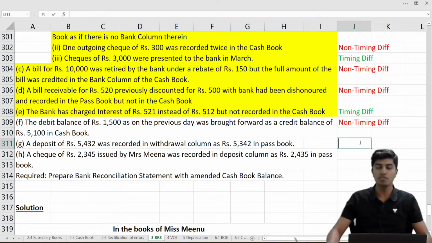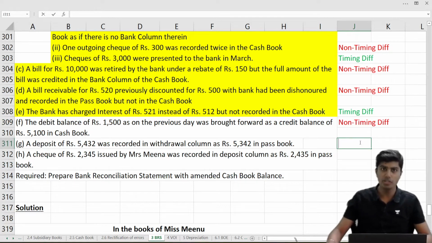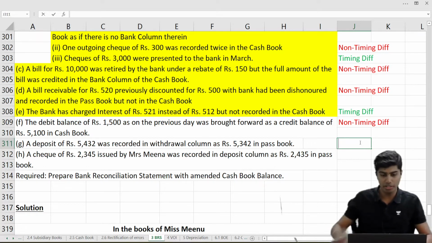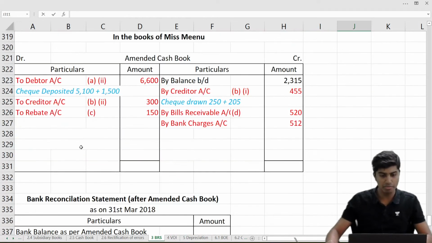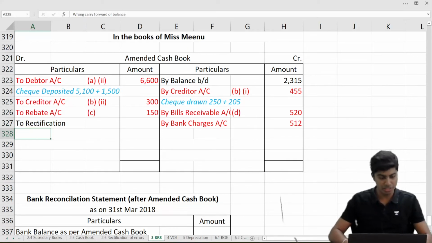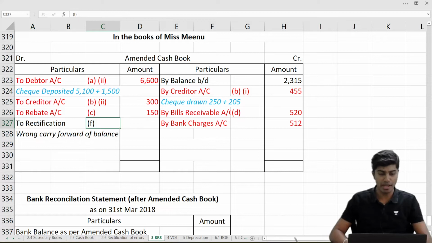Yes, debit of 1500 not recorded on the debit side, so I'll debit, and wrongly recorded as credit of 5100, that also I will debit. Let me write the same in my amended cash book. I'll write here: rectification, wrong carry forward of balance F, 5100 plus 1500, that is 6600.